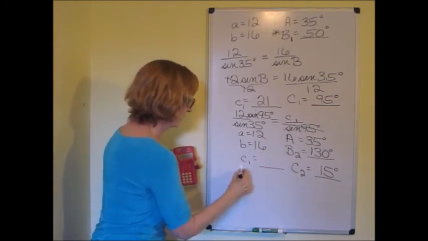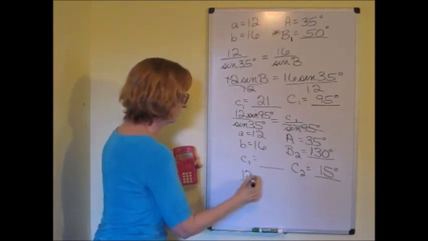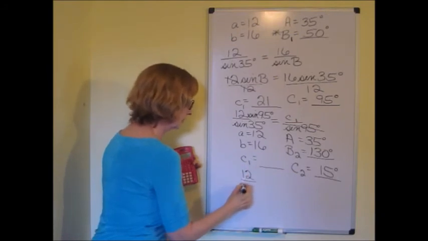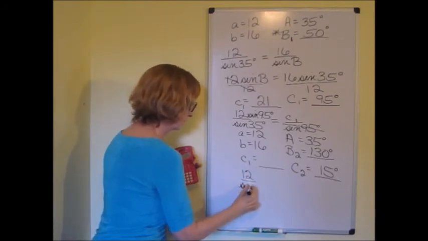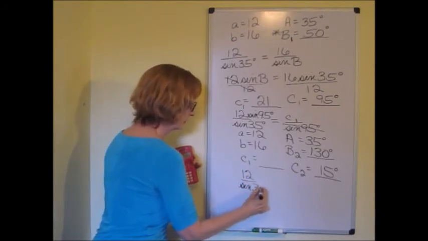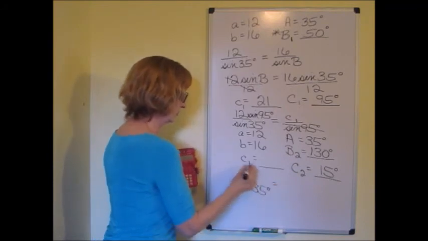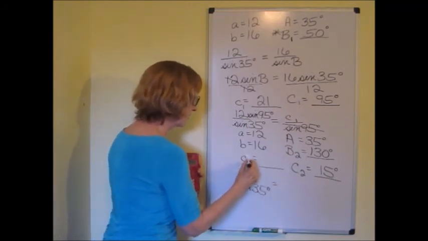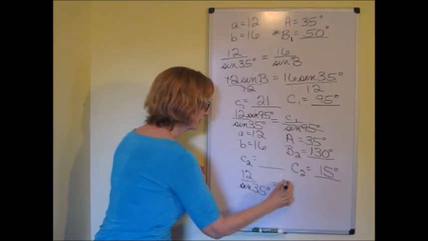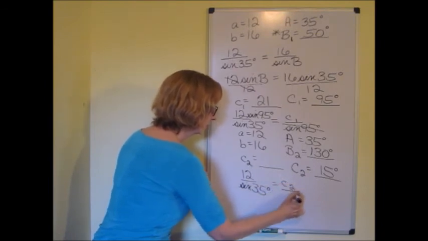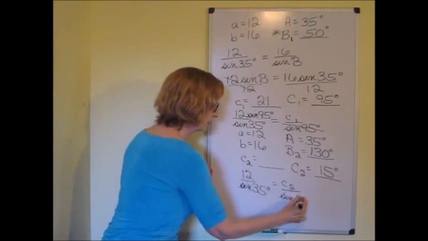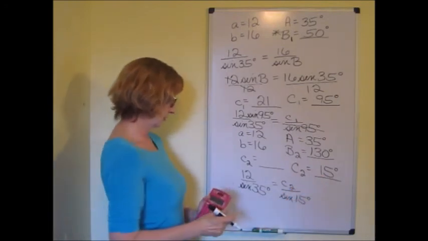So I've got 12 over the sine of angle A, so the sine of 35 degrees, is equal to C in the second triangle over the sine of angle C, which we found to be 15 degrees.